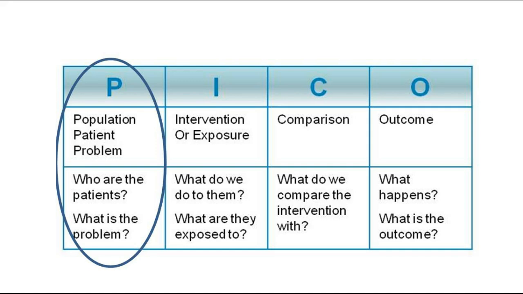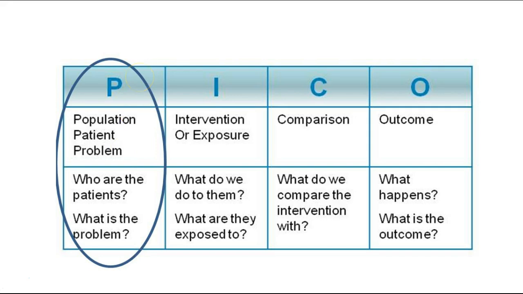When we think about PICO and the P, the first thing we're thinking about is, what is our population? Or what's our patient, or what is our problem? So what are we actually looking at? And I'm going to give you a case scenario. But let's just take the medial tibial stress syndrome topic. We could say, okay, our patients would be those individuals with medial tibial stress syndrome, right? Or the problem could be an entire track team that has medial tibial stress syndrome, right?